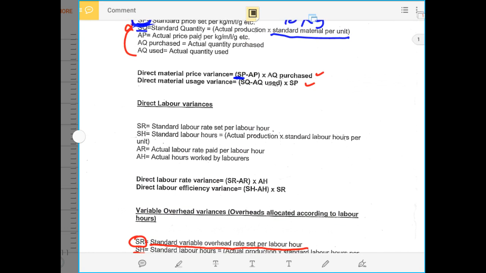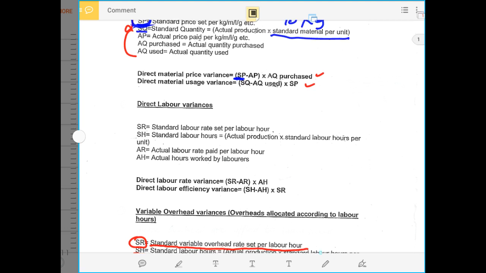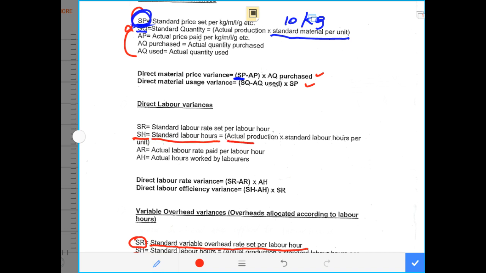We have to calculate the standard hours, and to calculate the standard labor hours we need the actual production, which will be multiplied by the standard labor hours per unit. So the 8 hours is the standard labor hours per unit.